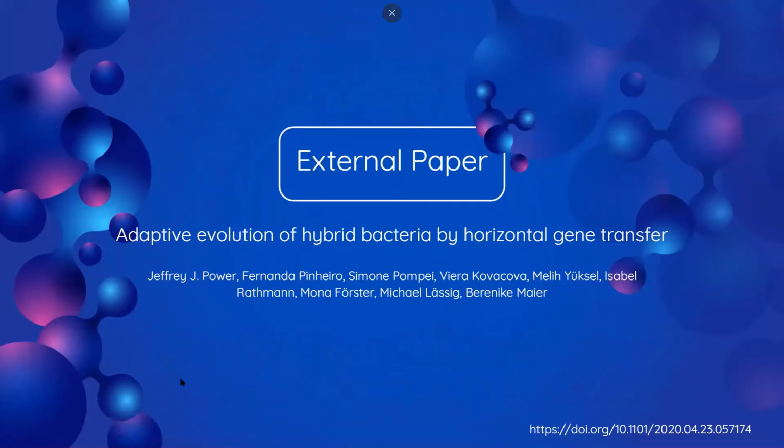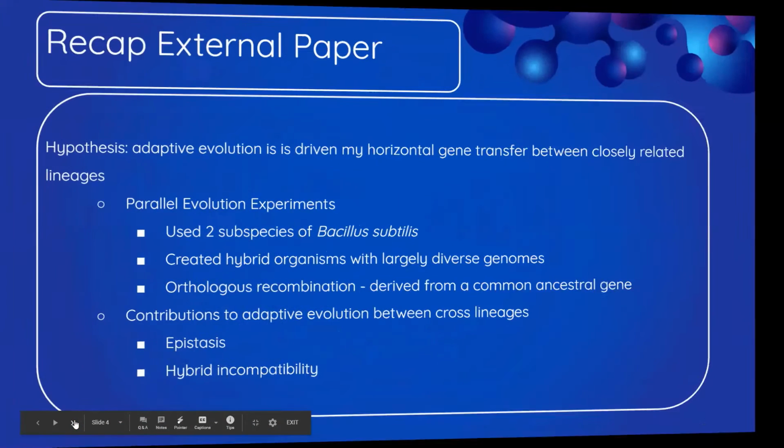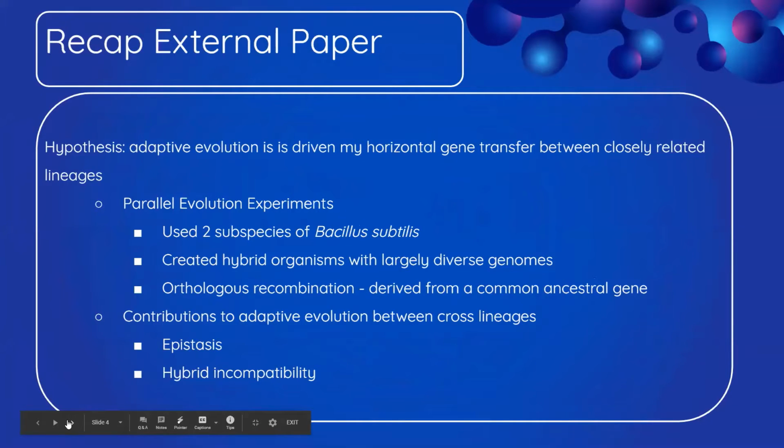So as you mentioned before, the external paper we chose to use was Adaptive Evolution of Hybrid Bacteria by Horizontal Gene Transfer. This paper discusses how adaptive evolution is driven by horizontal gene transfer in closely related lineages of bacteria.